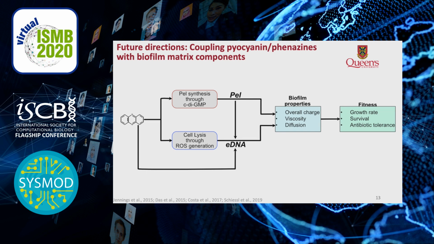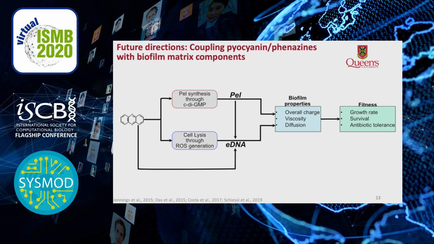This is an incredibly exciting new project that we intend to extend further. We plan to expand the metabolic model to the model of metabolism and expression, or ME model, so that we can couple the phenazine associated pathways with the production of biofilm matrix components such as PEL exopolysaccharide and eDNA.